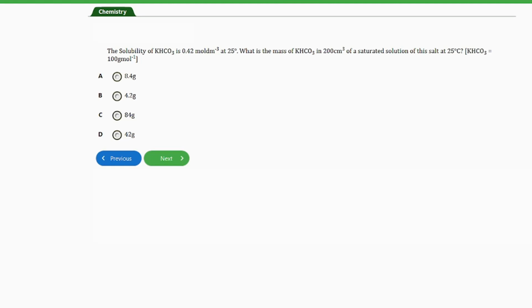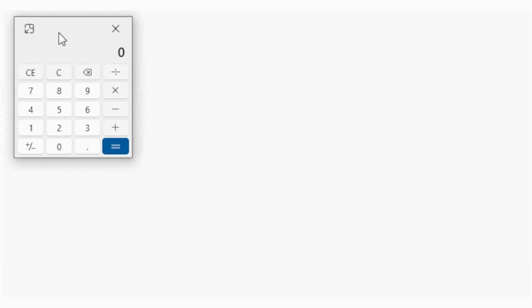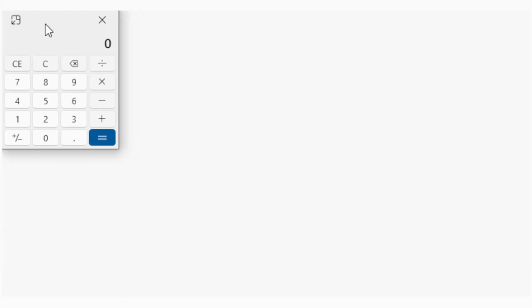That's the mass concentration. So guys, we are going to simply zoom into our workspace here and try to solve this out. We're going to be needing our calculator, so let's bring up our calculator here. So let's start.